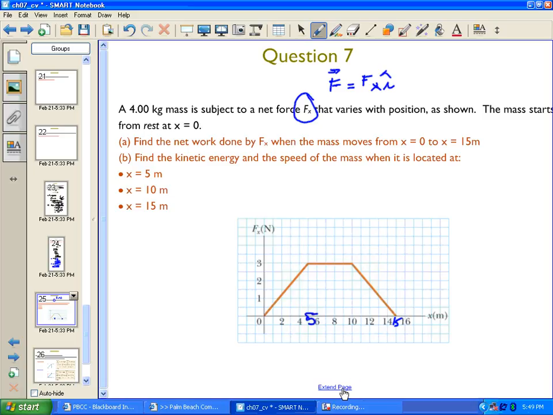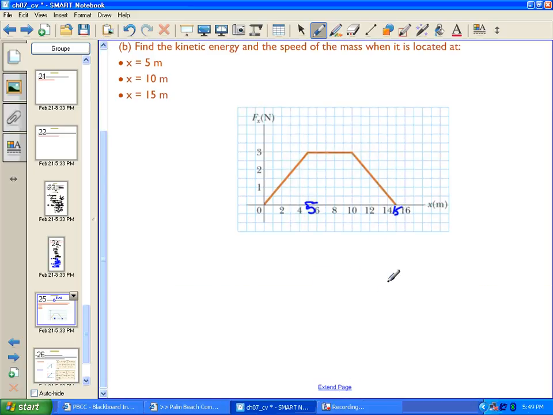So we do have a variable force, which means that to determine the work, as we're asked to, we should use integration. However, please remember that integration is the equivalent of finding the area under the graph that's bounded by the horizontal axis. So what we can effectively do is split 3 areas here.